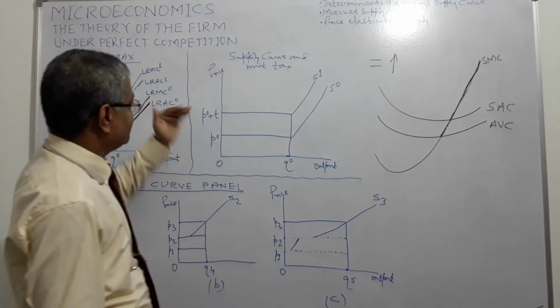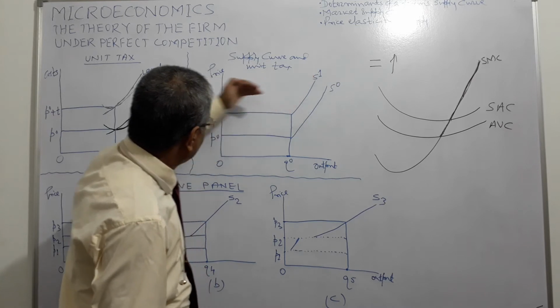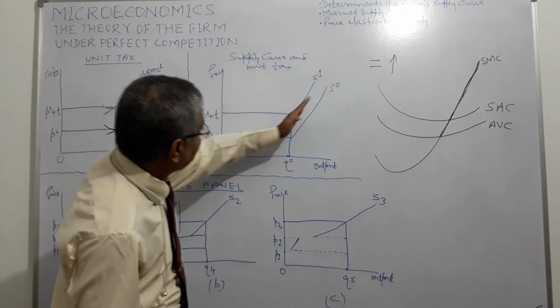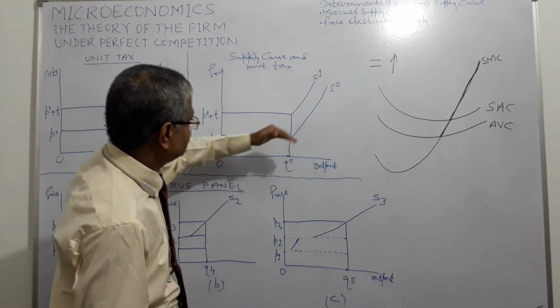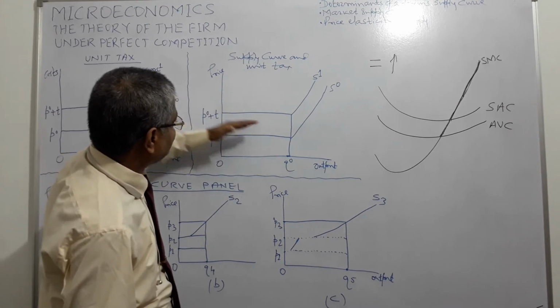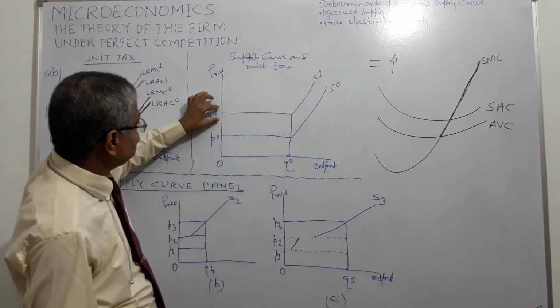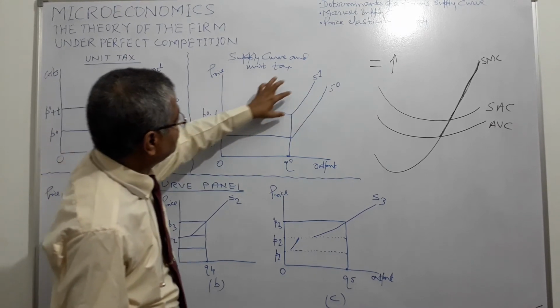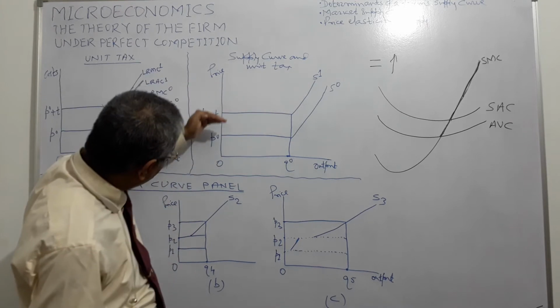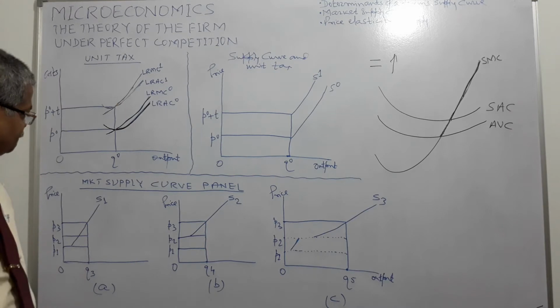Suppose this is the original price, so it is here, and when the price is reduced, it comes down rightwards. If you take the original price as this and the price increases, the supply curve shifts leftward. If the price is reduced, it shifts rightwards, right?